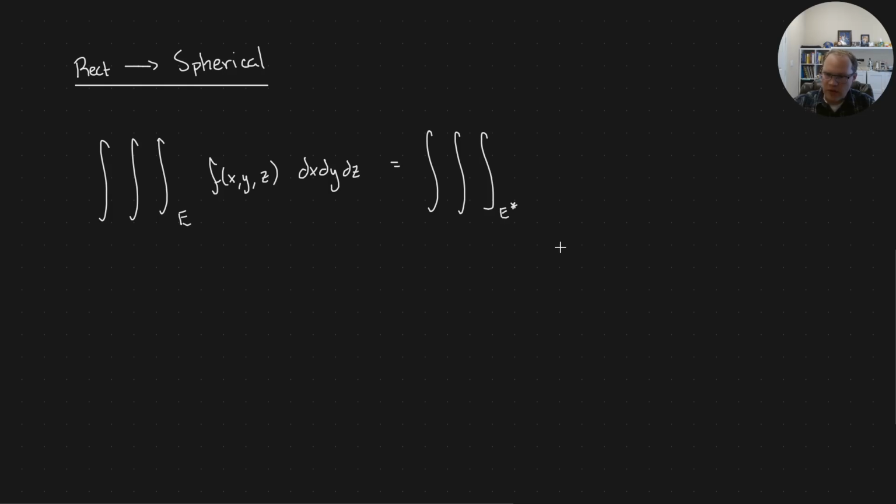I just want to, for this example, focus on that Jacobian determinant. So if we go to spherical coordinates, to our new variables rho, theta, phi, we already know what the Jacobian determinant should be. From what we've already done, this should be rho squared sine phi. So let's double check that the Jacobian determinant actually gives us that integrating factor.